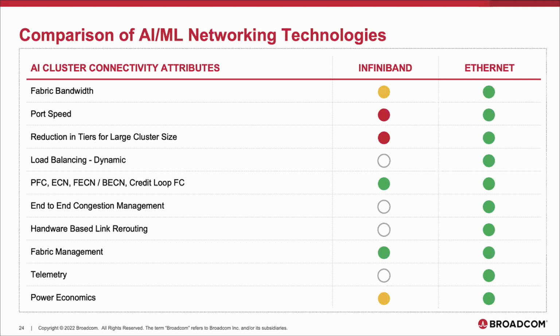So the higher the bandwidth, as we saw in the previous presentation, if you had a lower bandwidth switch, you might have multiple tiers of switches, which of course increase the latency and the power for the networking. So overall, as far as load balancing and telemetry, you'll see that Ethernet meets or exceeds anything you'll get from the proprietary single source technologies such as InfiniBand.